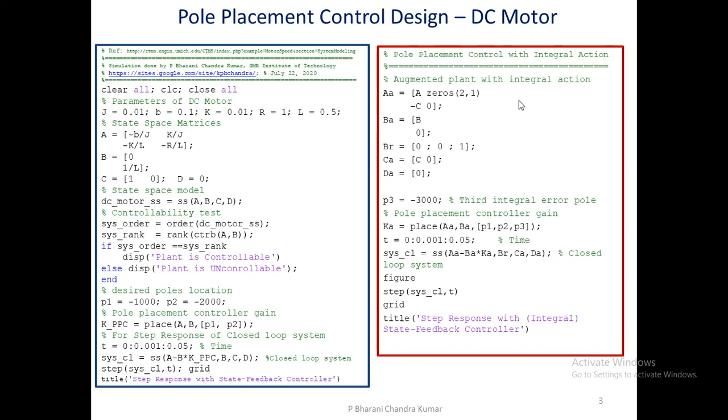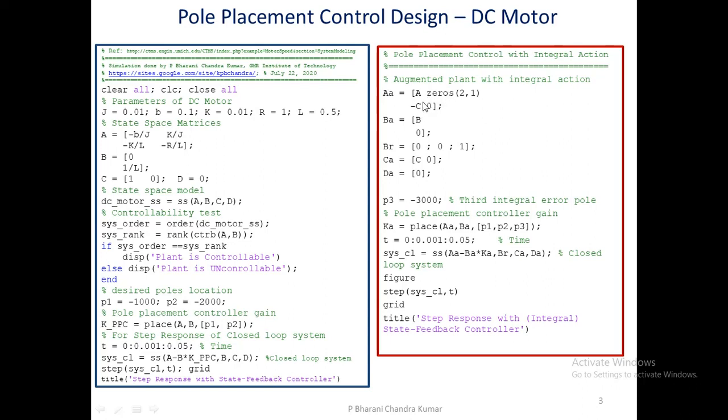The error gets integrated, and it is multiplied with the corresponding gain to get a part of the input. So this is the augmented plant, this is the augmented A matrix, B matrix, and BR, this is the reference one. You can see that if you remove these zeros and this particular element, it will be the same thing.